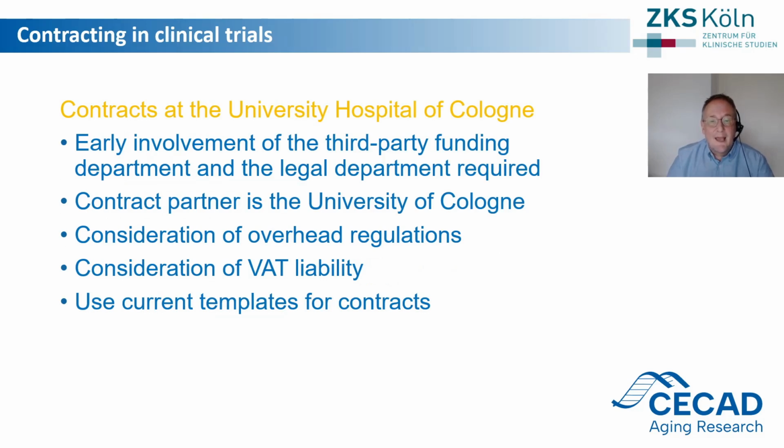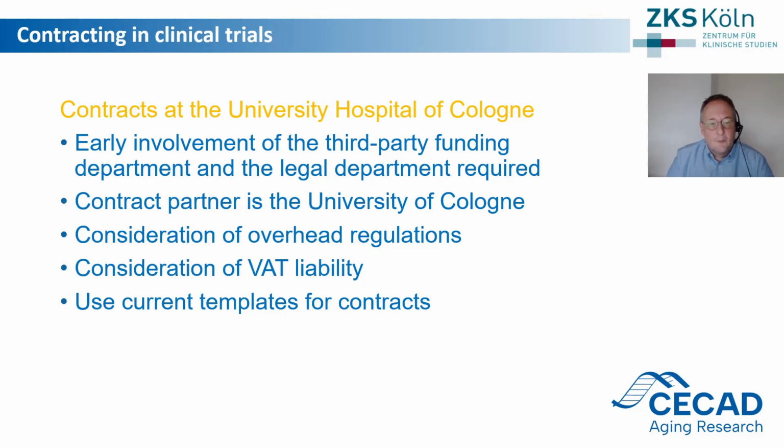Regarding the contracts at the University Hospital of Cologne, it is important that you involve the third-party funding department and the legal department as early as possible. And you have to keep in mind that a contract partner is always the University of Cologne. And you have to consider internal and external overhead regulations and the VAT liability. And you have to use current templates for contracts.